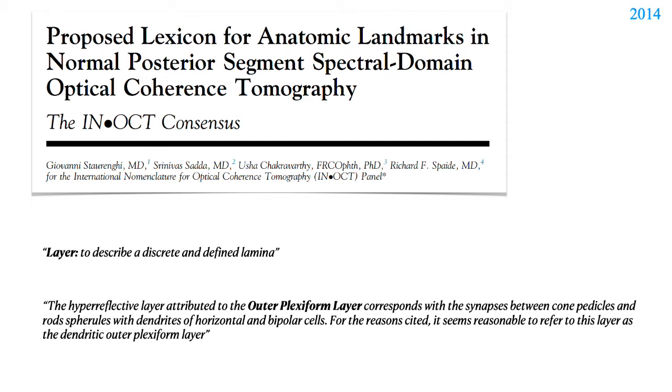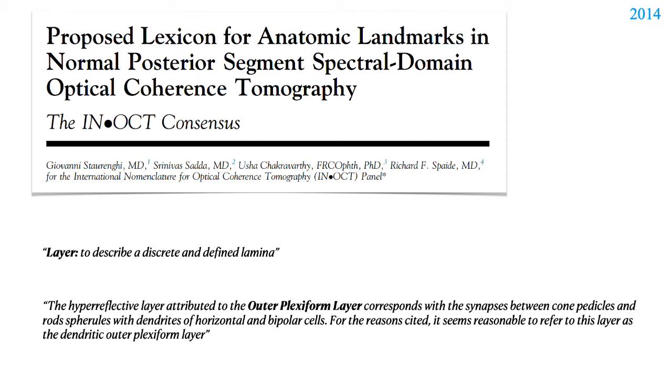For this reason, a group of experts proposed a lexicon for anatomical landmarks in normal posterior segment OCT using spectral domain technology. And from this paper, we see that the term layer was used to describe a discrete and defined lamina. So when we talk about a layer, we don't talk about a segment and so on, but we talk about a defined lamina.